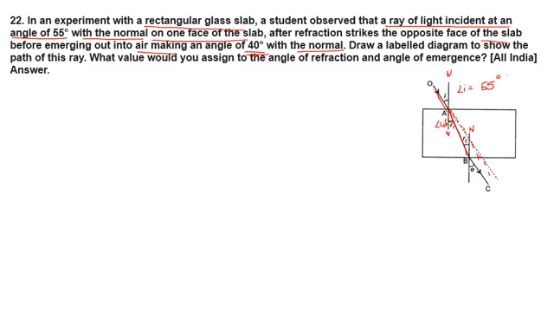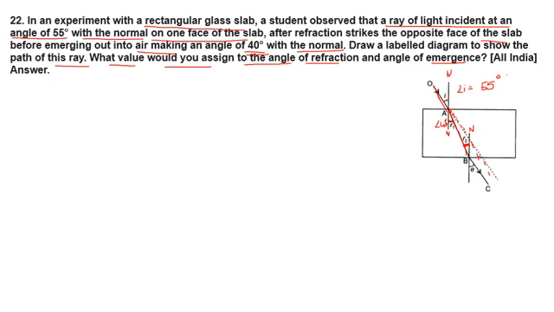And draw a labelled diagram to show the path of this ray. So I have to show the path of this ray. What value would you assign to the angle of refraction and the angle of emergence? Now they are talking about r2, this angle of refraction. As I can see, r1 and r2, don't you think that these are alternate angles?